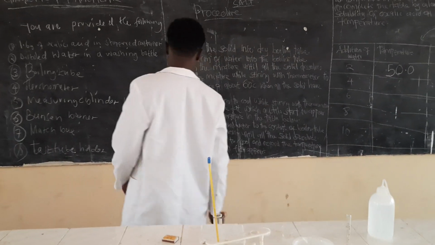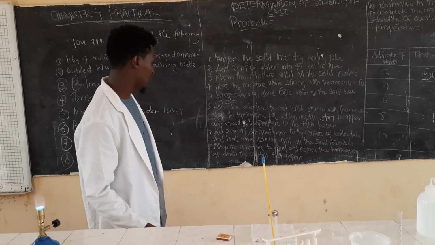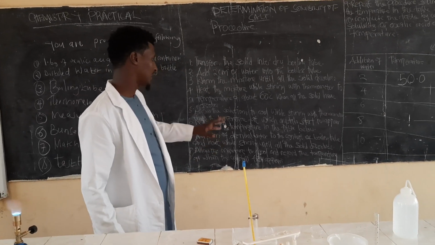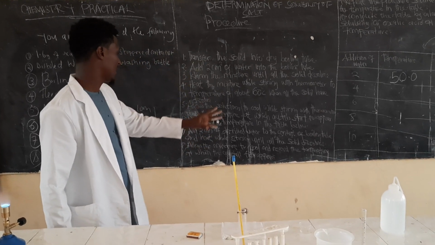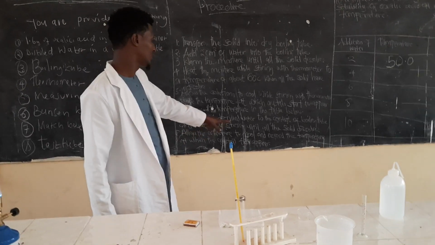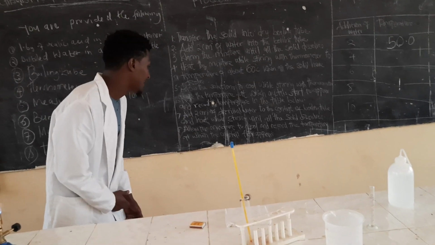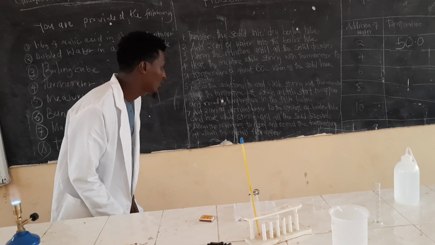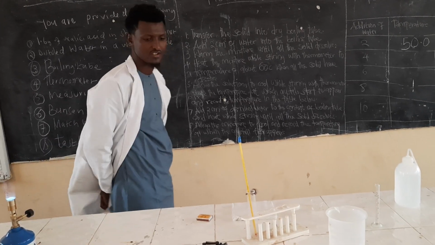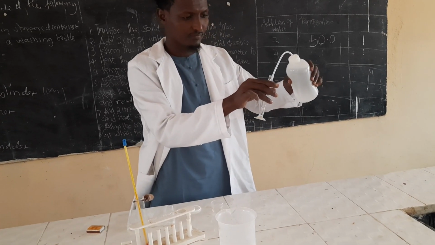Now I'm going to do the second experiment. I have recorded the temperature in the table. Add 2 cm cubed of distilled water to the content of the boiling tube and heat while stirring until all the solid dissolves.